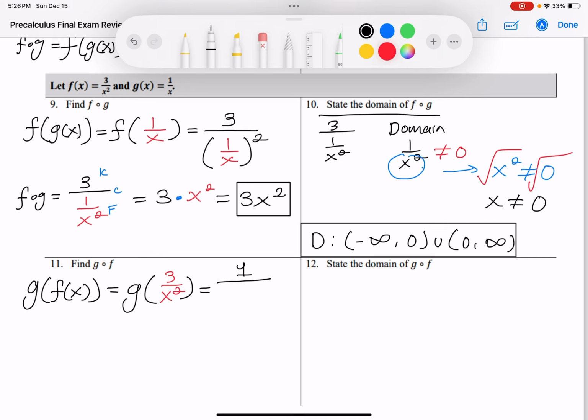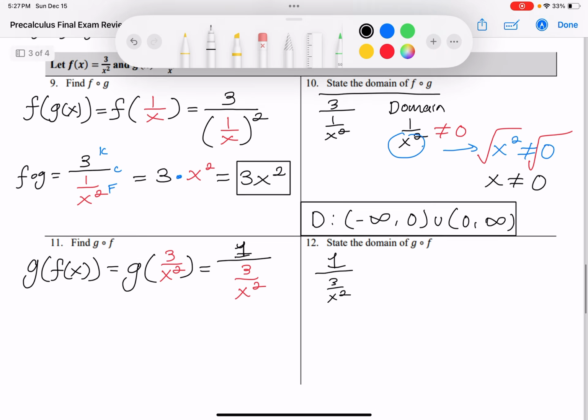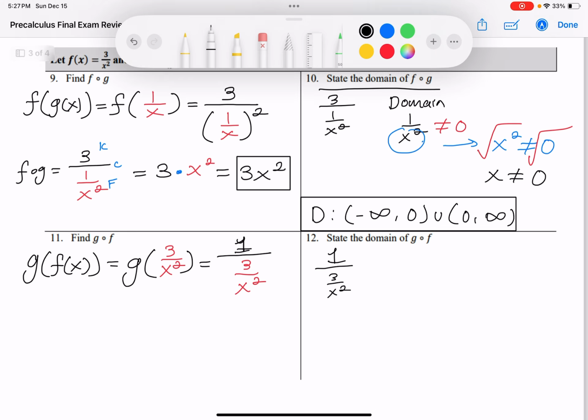But instead of putting x, we're going to put 3 divided by x squared. I want to hold on to that, so I'm going to write it over here. 1 divided by, that's a 1, by the way, not a 4, 3 over x squared. We're going to use that for our domain.